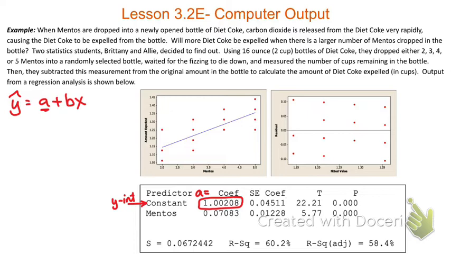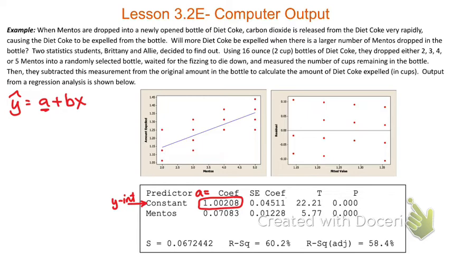If you look at the graph, the scatter plot, and look at the x variable, what variable is on the x-axis? Mentos. Notice what it says right here underneath constant. It says Mentos.